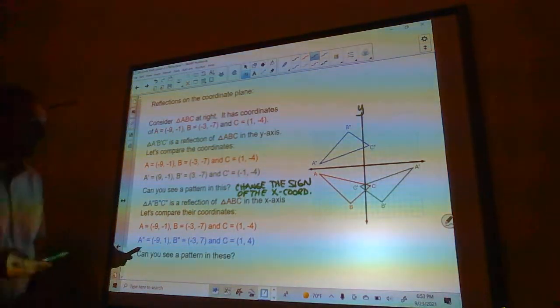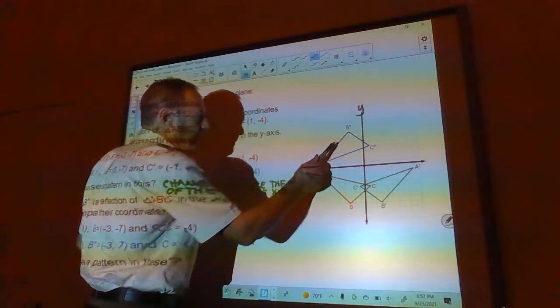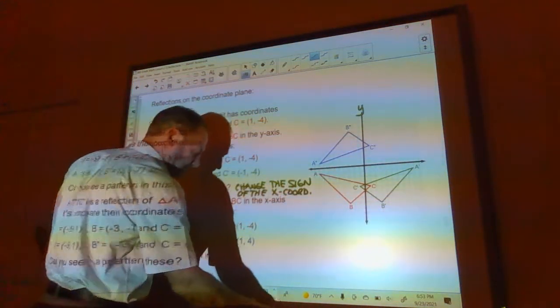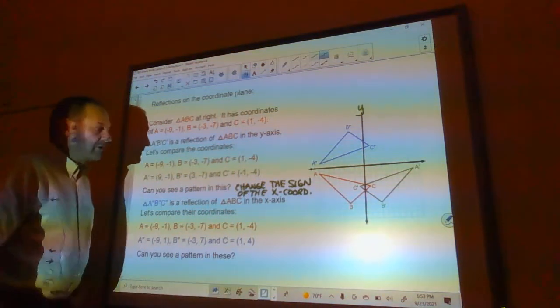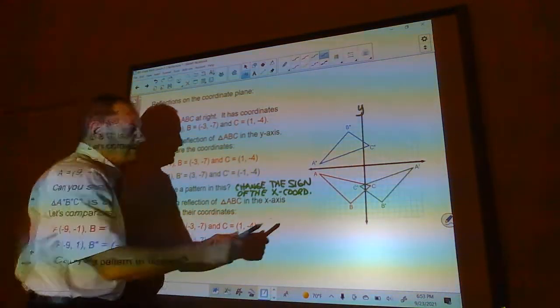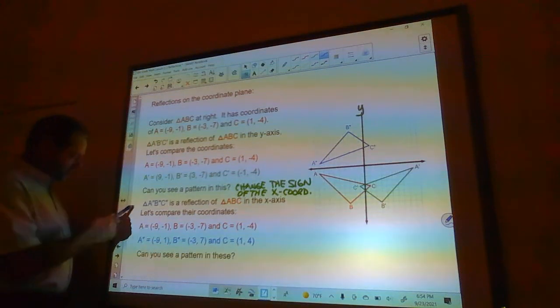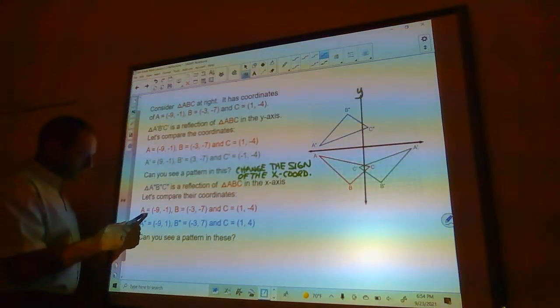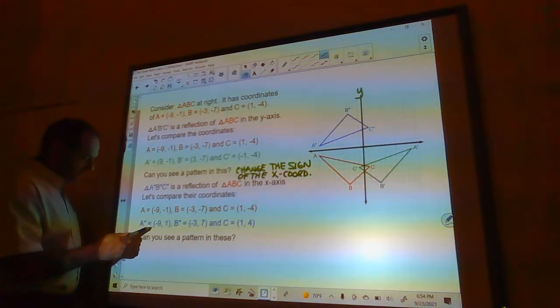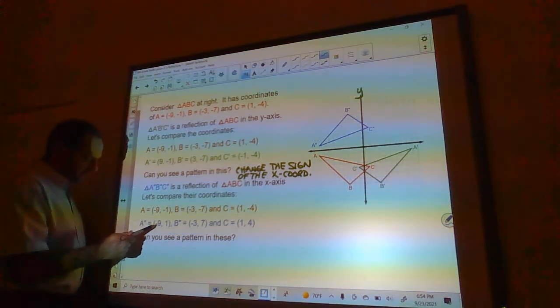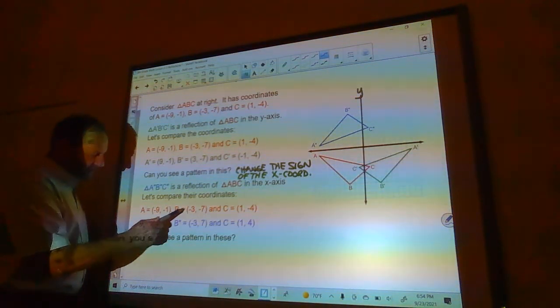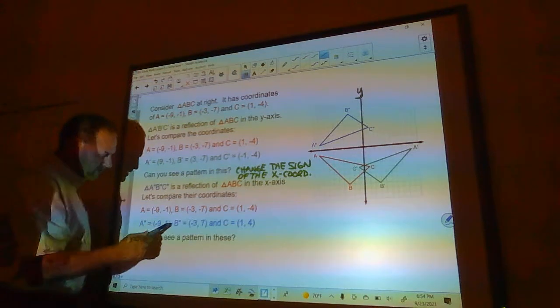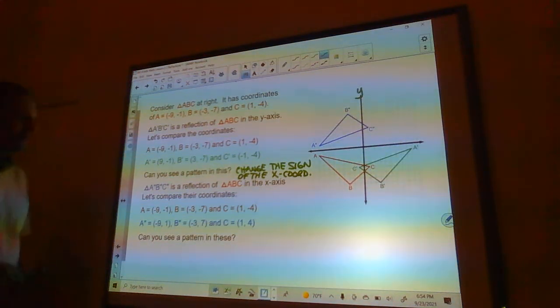All right, now let's take a minute and look at A double prime, B double prime, C double prime. So how does that compare? Well, on this one, here are our coordinates again for A, and here are our coordinates for A double prime. So notice this. The X coordinates this time are the same. The Y coordinates change this time.